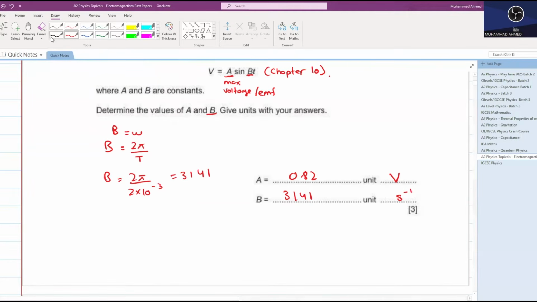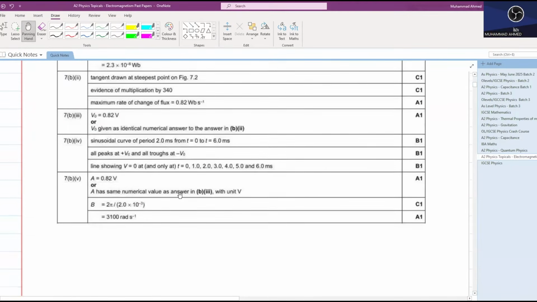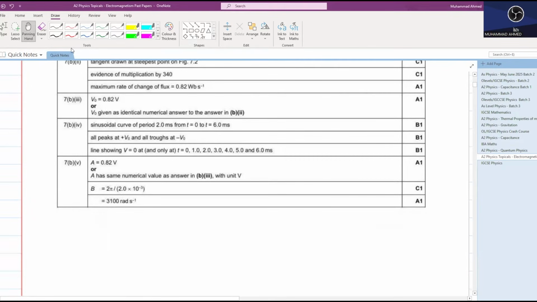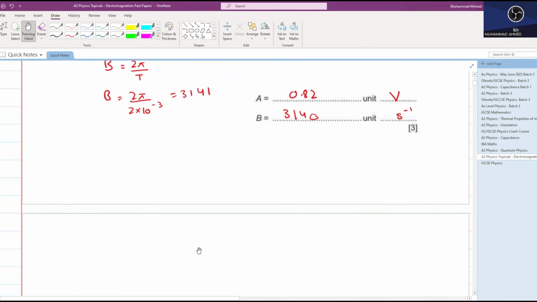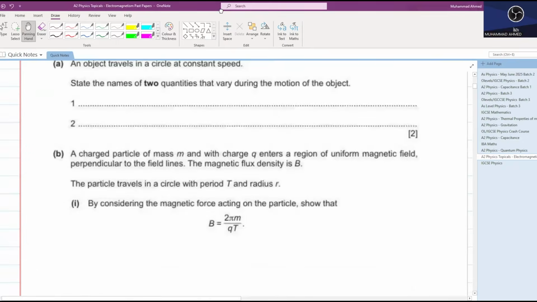And if you are a very good student, you will follow exam conventions and give it to three significant figures. So these are your answers. Let's check the marking scheme as well. Yes, as you can see here, the answers are pretty similar. Here the examiner has given the answers to two significant figures. It doesn't matter, either you give your answer to two significant figures or three. Okay, let's move on to the next question.